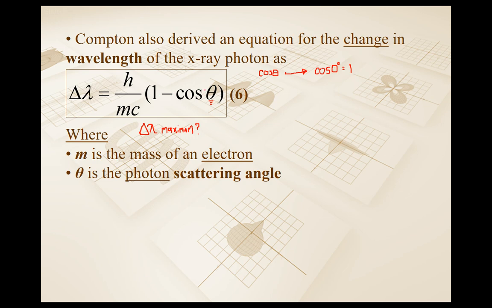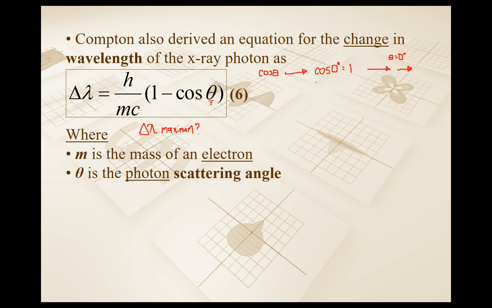There is no change in wavelength. What that would mean is the photon, you fire it at the electron, and if theta is 0, it just continues going in the exact same direction. If it keeps going in the same direction, it means it had no interaction with the electron at all. So nothing should have changed. Its energy should not have changed at all.